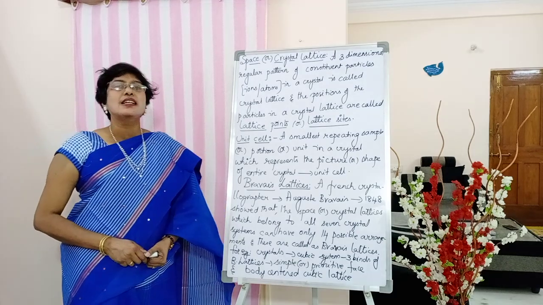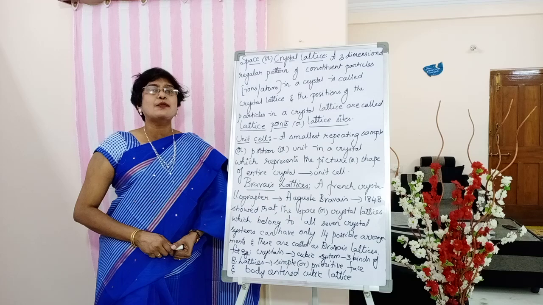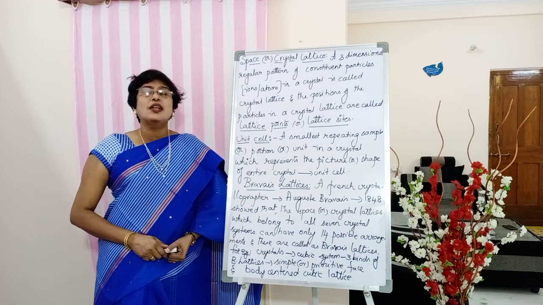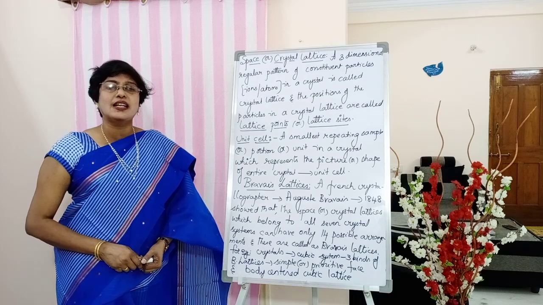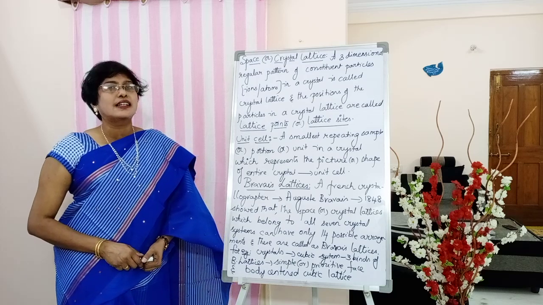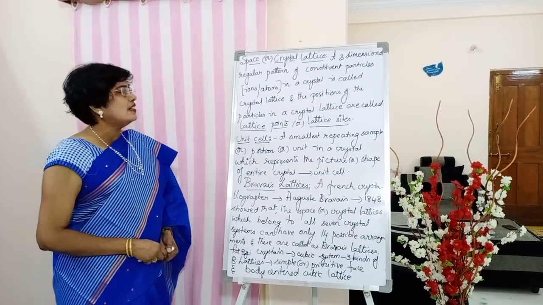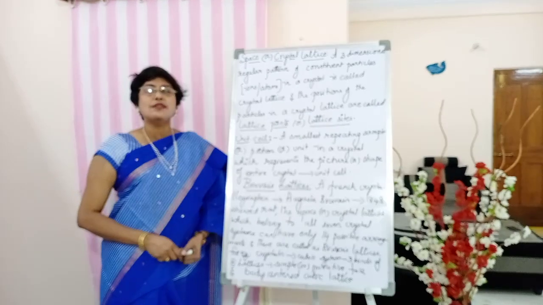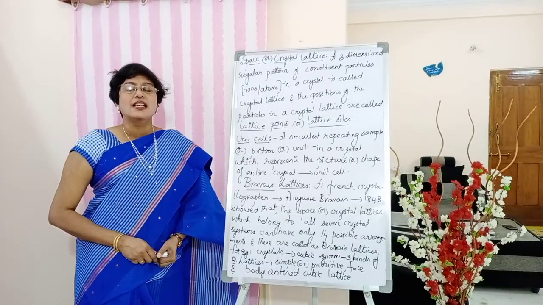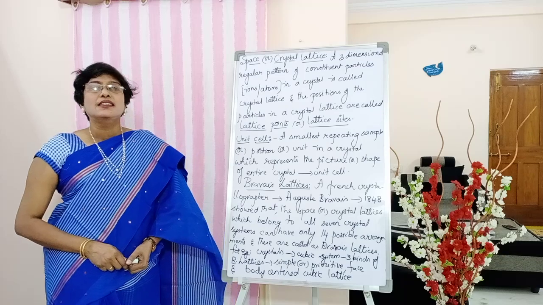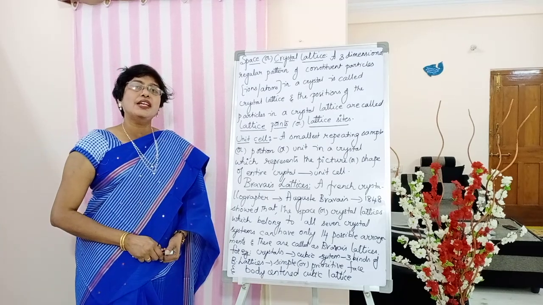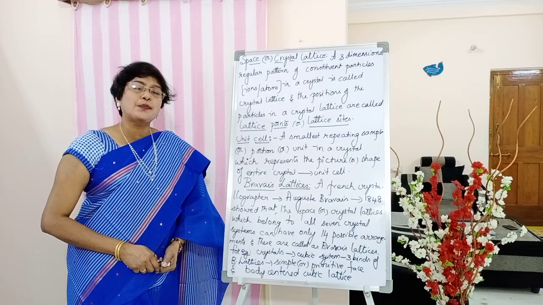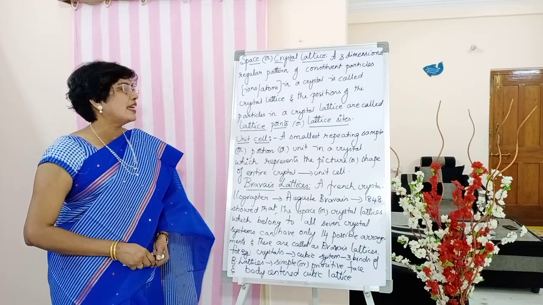So what is it, students? A 3-dimensional regular pattern of arrangement of the molecules or ions or atoms in a crystal is called as space or crystal lattice. And the positions of these constituent particles in a crystal lattice, we call them as lattice points or lattice sites.